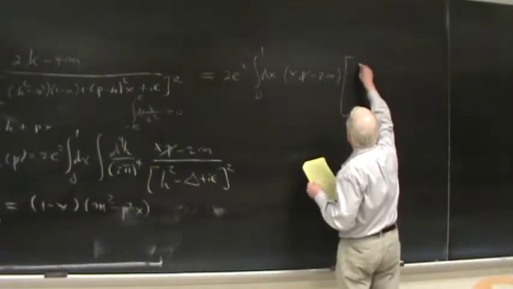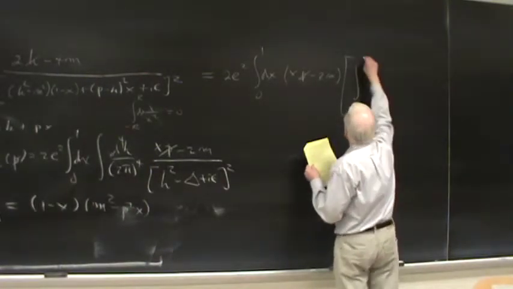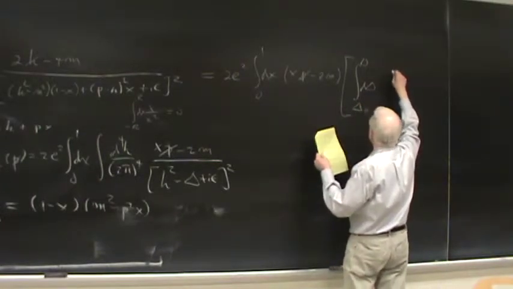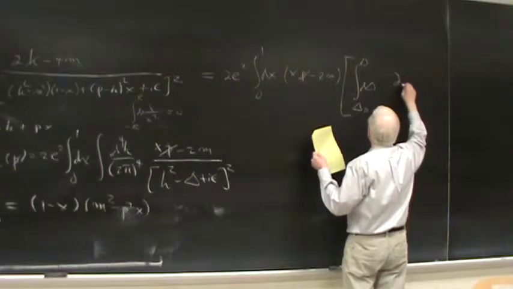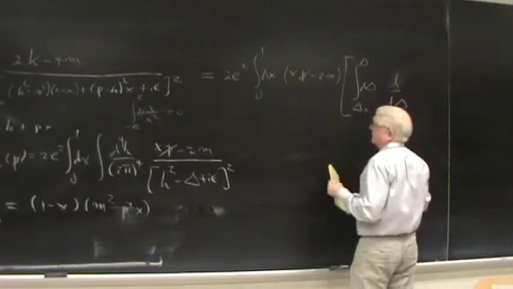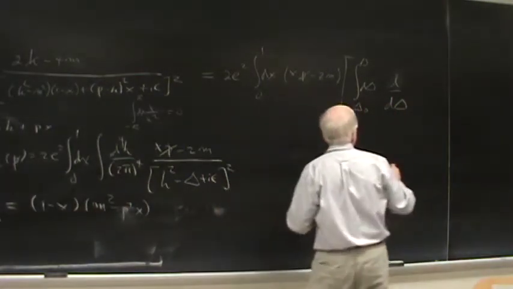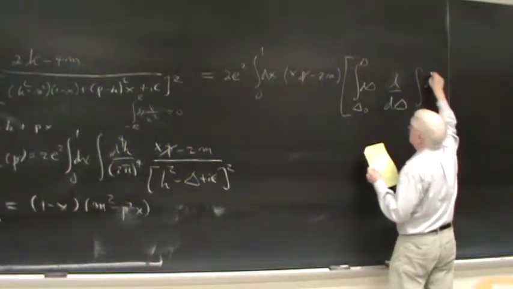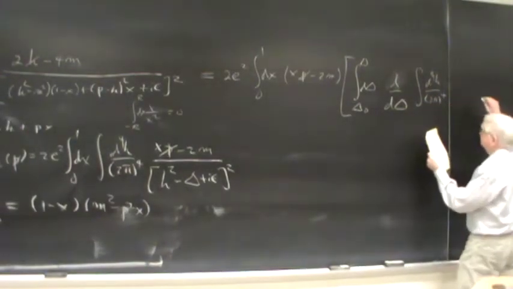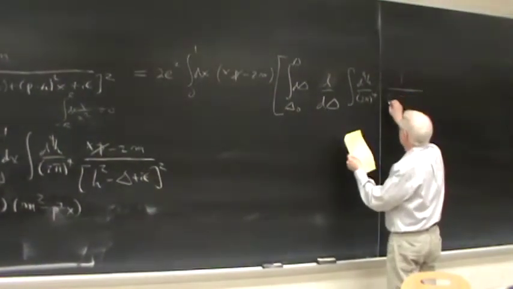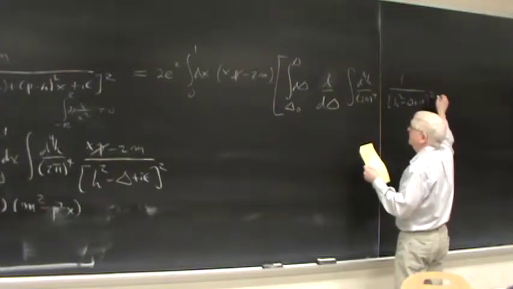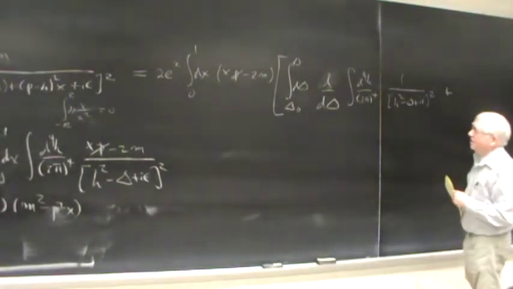So what I'm going to say then is that this is an integral from delta 0 to delta, d delta of the derivative, or maybe I should just say d delta of what's left, which is this integral d^4k over (2 pi)^4, 1 over (k squared minus delta plus i epsilon) squared. And then plus, what would that be?